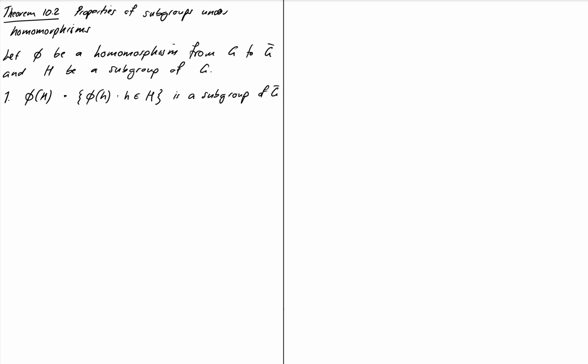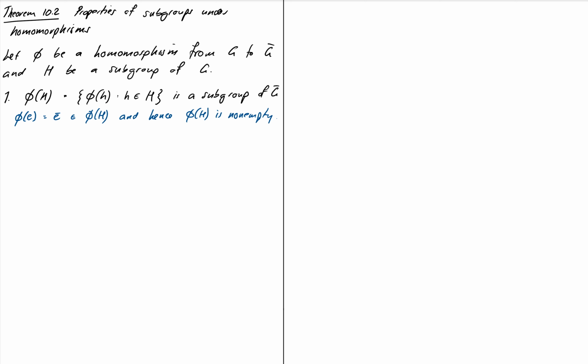So how are we going to prove that? Well, we can just use our standard subgroup test. First we'll establish that it's non-empty. We'll note that phi of E is equal to E bar, which is therefore a member of phi of H because E is in big H, and hence our set phi of H is non-empty.